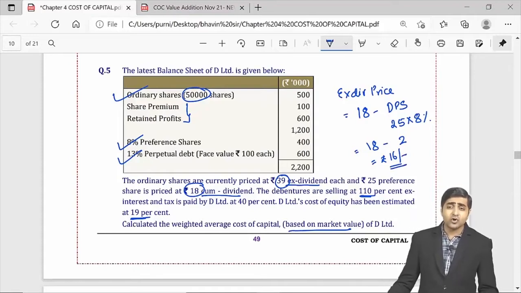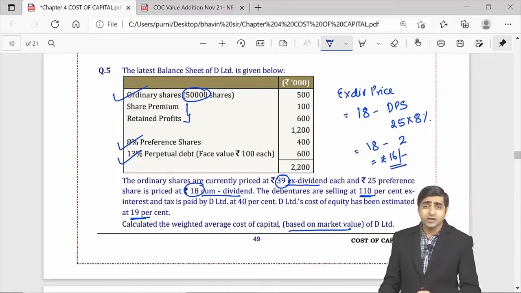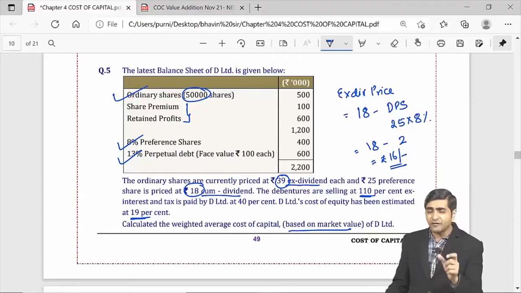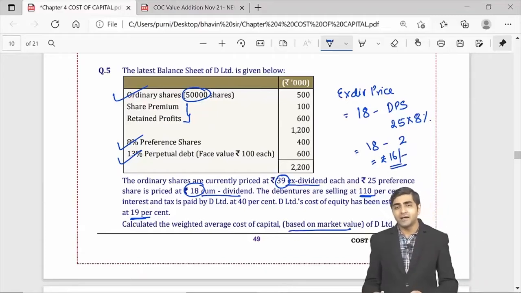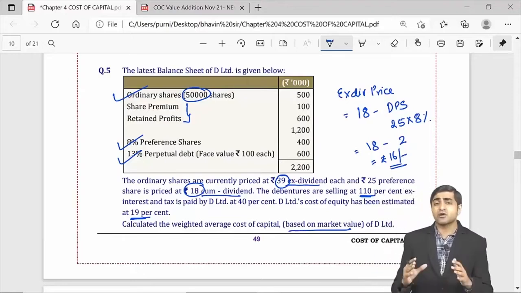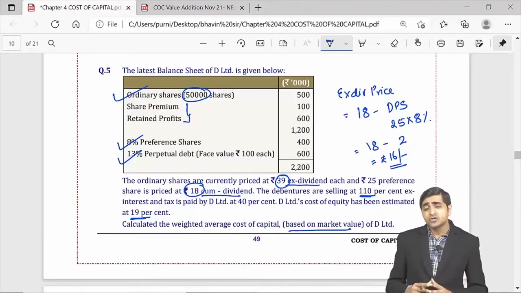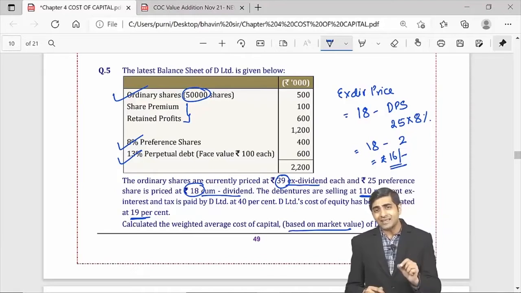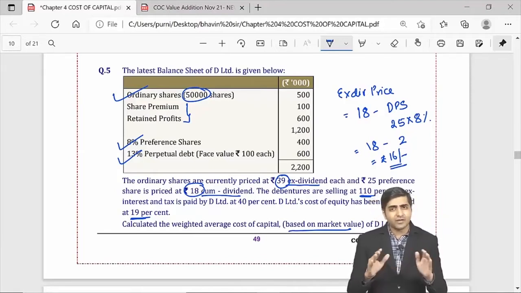So guys, also when you are calculating your KP, you have to be very careful that your preference dividend needs to be divided by your ex dividend price, which is nothing but 16 rupees, and that's how your KP will also be calculated. So my dear students, while calculating your KE, KE is readily available, nothing to worry.